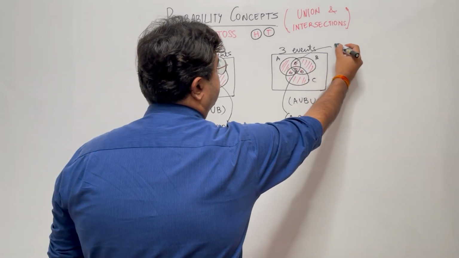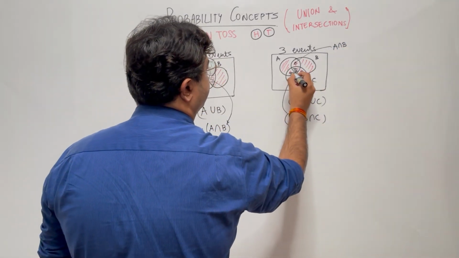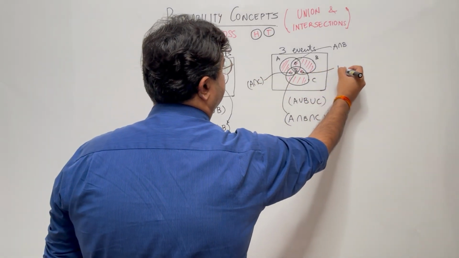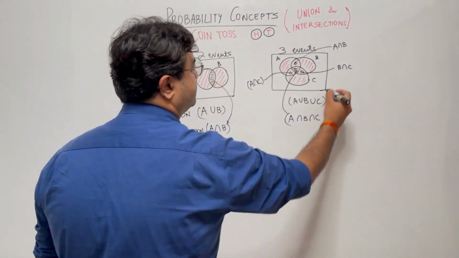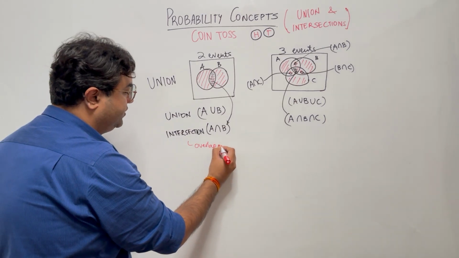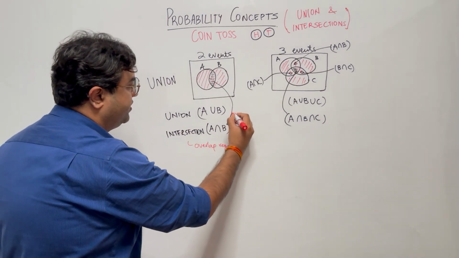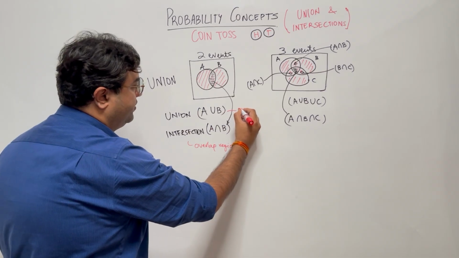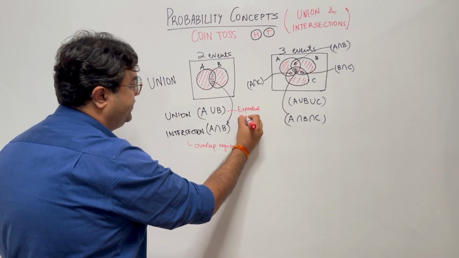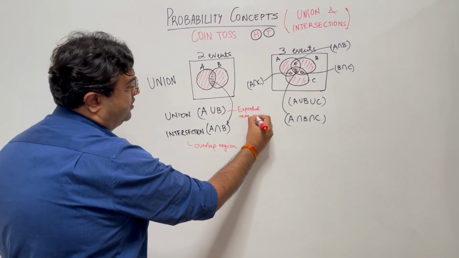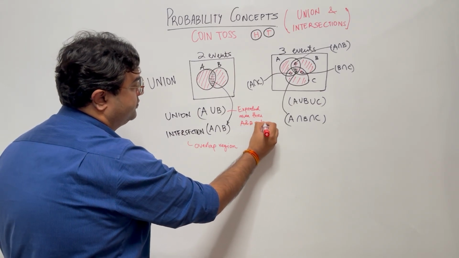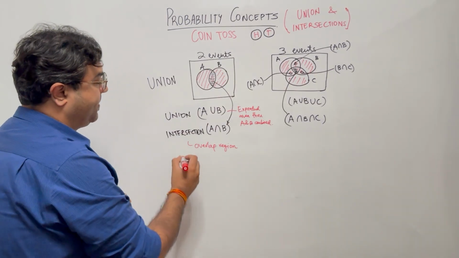So this is A intersection B, this is A intersection C, and this is B intersection C. So this is the overlap region. This is the expanded area through A and B combined. And this is the overlap.